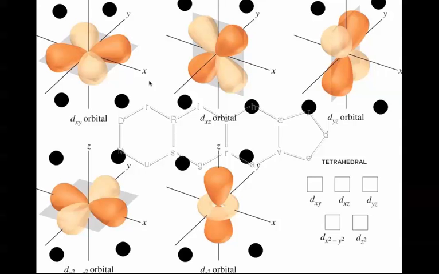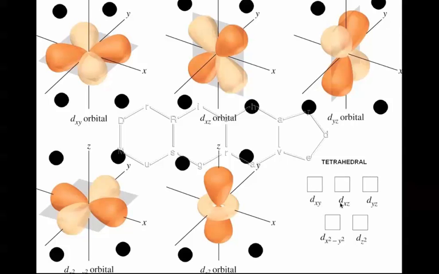Now a tetrahedral has 4 things coming in, and these 4 things are coming in between the axes, not down the x, y, and z axes directly, and you can see that's what I've tried to present here. So what's going on is that the ones in between the axes, these particular orbitals here, will interact with the ligands a lot more than the ones that lie directly along the axes.